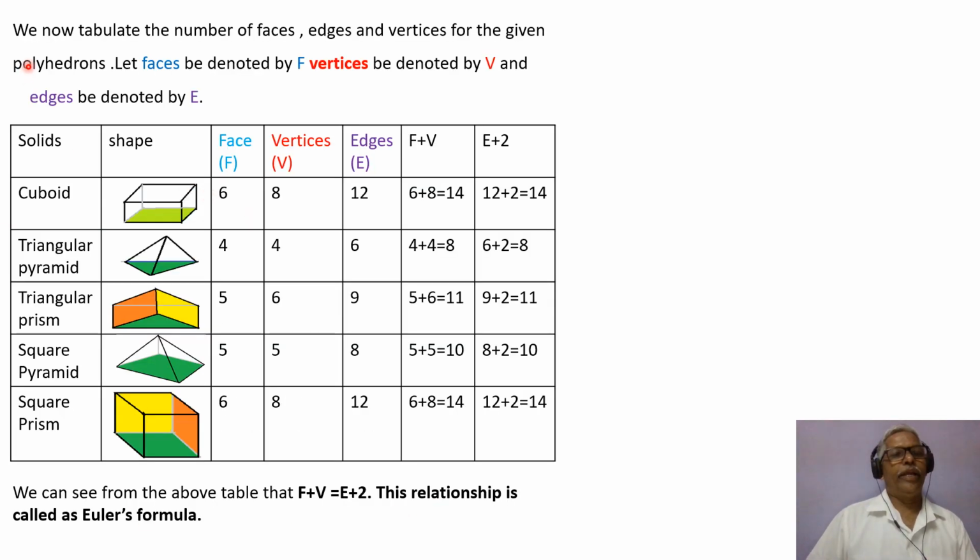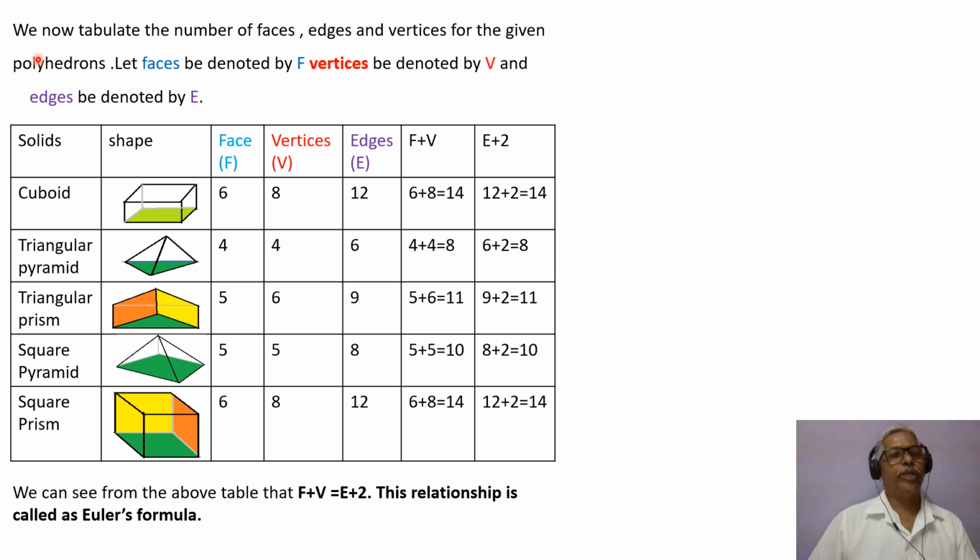Now we are heading towards a very important and very interesting part of this topic. Any polyhedron will have a number of faces, and some vertices and edges. Now we will see the relation between the number of faces, vertices and edges.